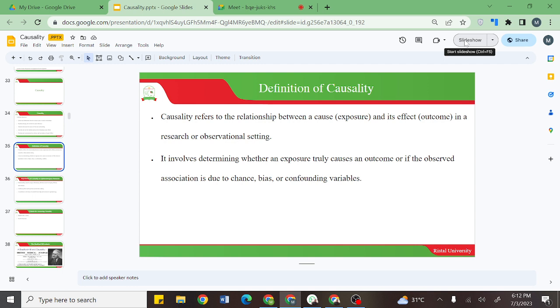So we want to know whether a given factor, for example sex, is linked to the acquisition of a particular disease. Is there a causal relationship between sex and a particular condition? That is what causality is interested in.